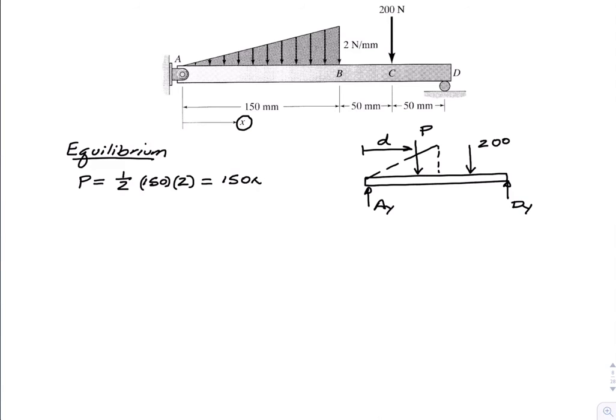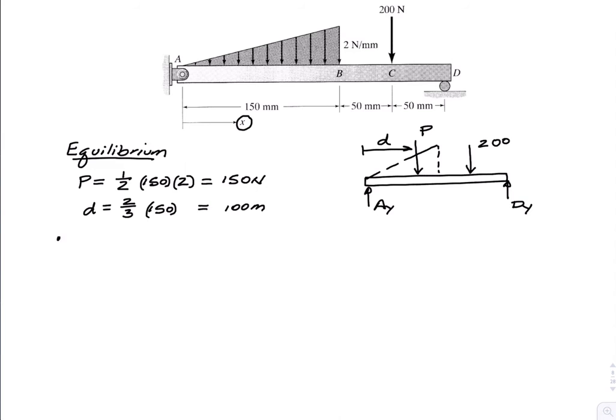So that gives 150 Newton equivalent load. The distance d, we know that that's 2/3 of the distance there between A and B, so that's 2/3 of 150. So in terms of where that point load is, d is at 100 millimeters from the left-hand side.